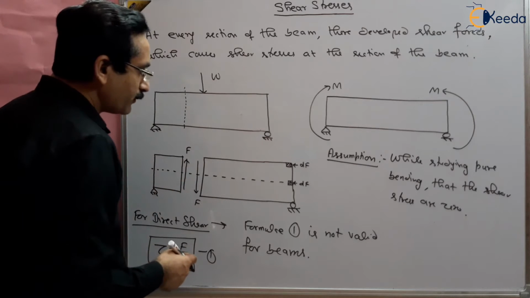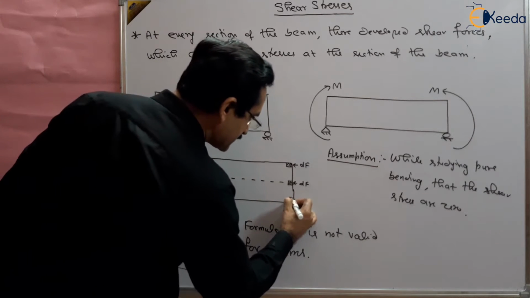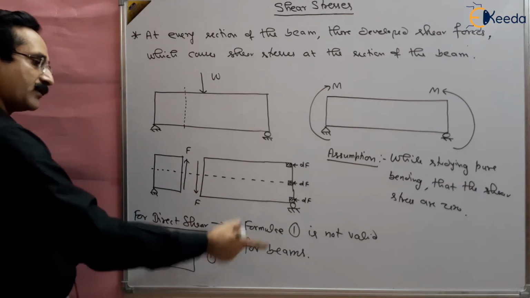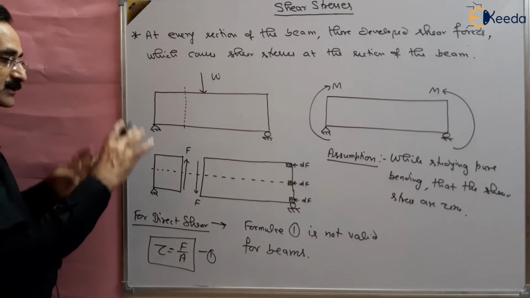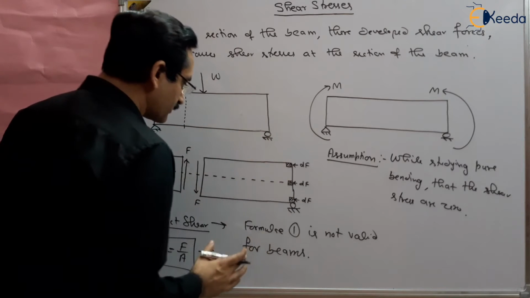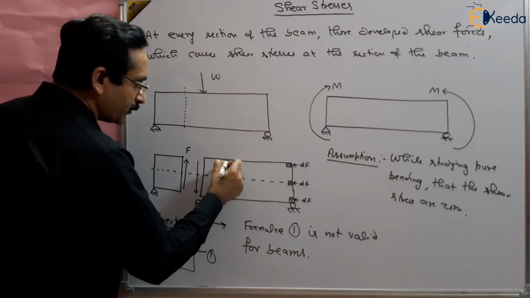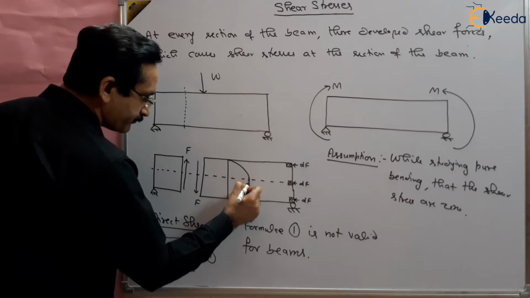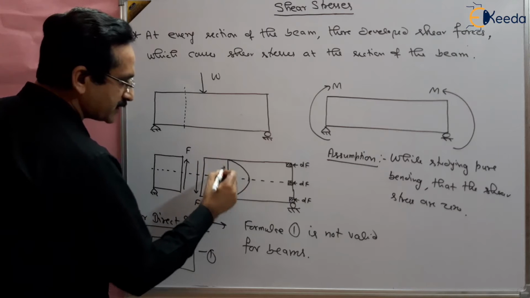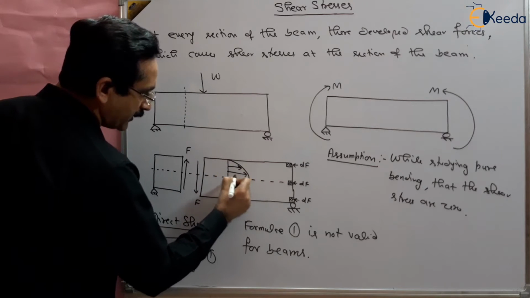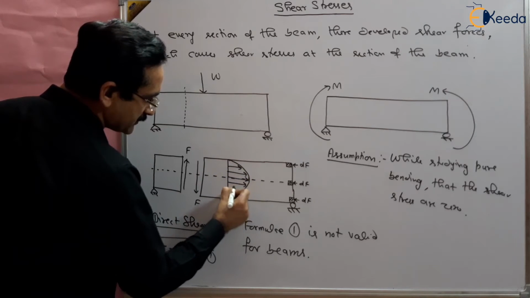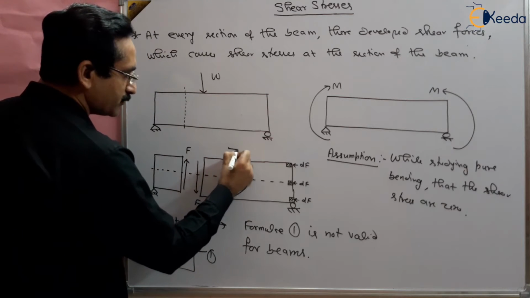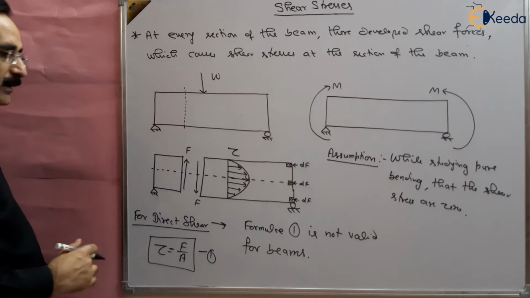diagram. So if this shear force is different at every part of the beam, the shear stress will also be different, right? So shear stress is varying on the cross section of the beam, and later on you will see that in most cases shear stress will vary like this. This is the shear stress variation, mostly in most of the members, right?